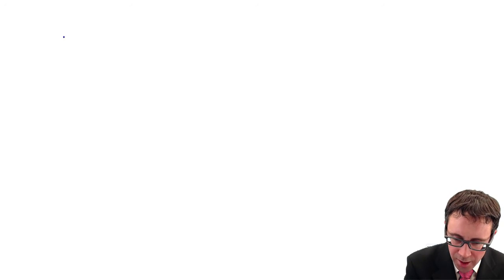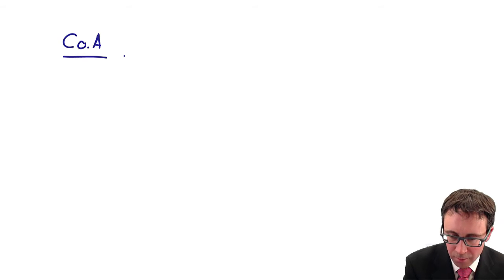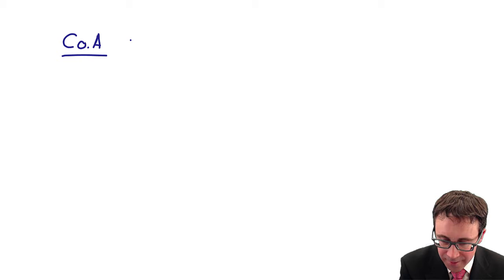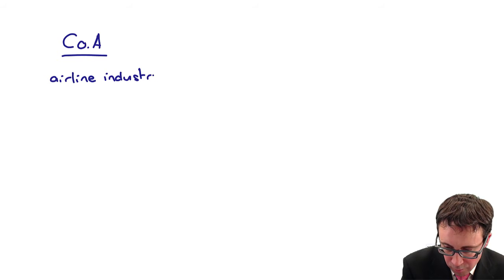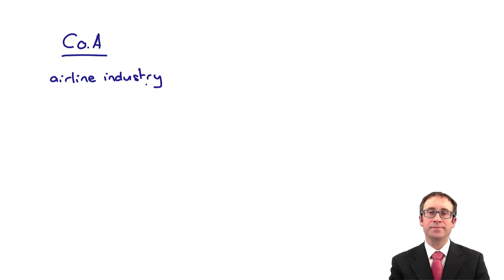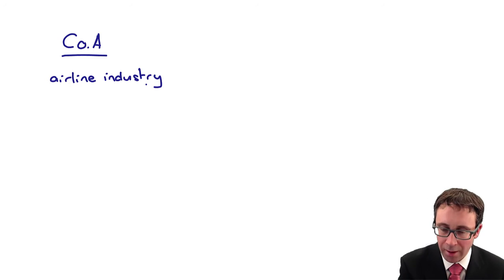So let's just think about it and draw it up first. Let's just think that we are company A, and company A operates in the airline industry, so it flies planes all around the world.